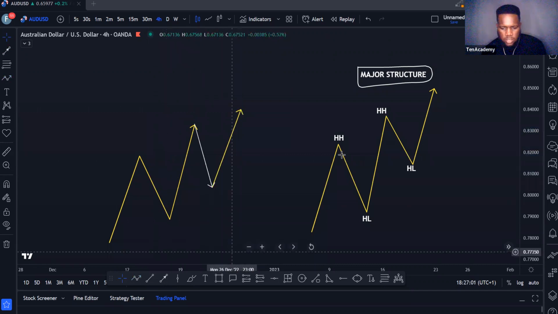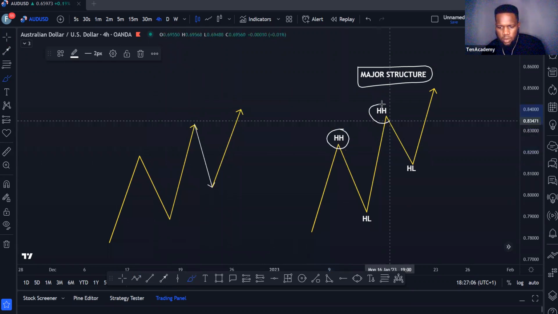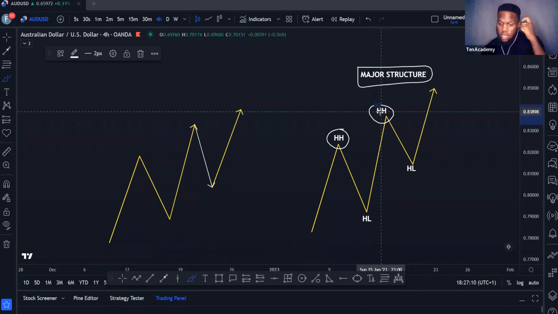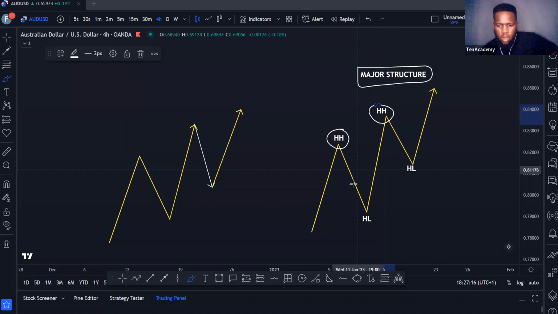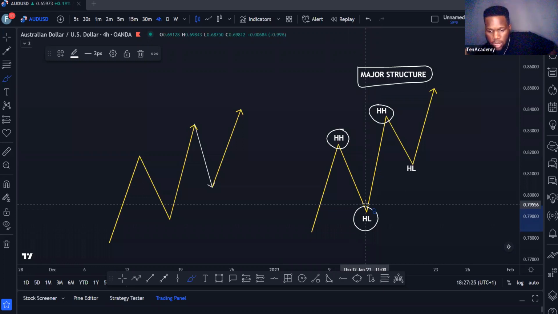All right, so when price is creating new higher highs, you will say that price is creating new major structure. When price has created a higher low, you say that price has created a major structure, higher low.